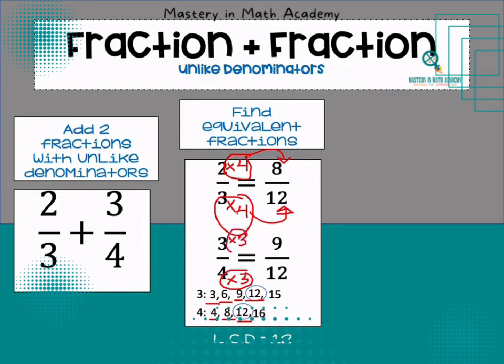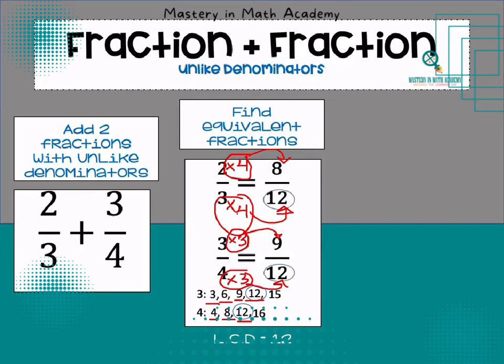Because we multiplied by 3 in our denominator, we have to multiply by 3 in our numerator. 3 times 3 is equal to 9. And our new fraction is now 9/12. 2/3 is the same thing as 8/12. And 3/4 is the same thing as 9/12.